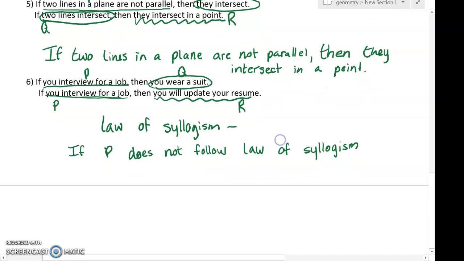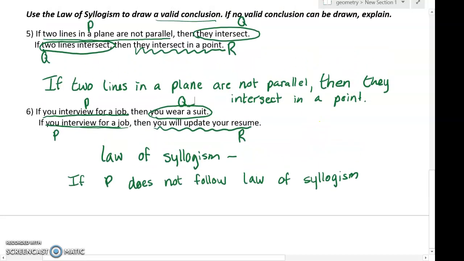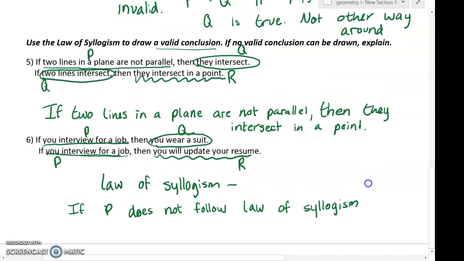Or you can say our if and our then didn't match here and here. Any way you want to explain that law of syllogism is not met there. This would need to be right here where I just erased would need to be a Q. So you could also say if you interview for a job would need to be if you wear a suit, right? Any of those ways would be good enough.